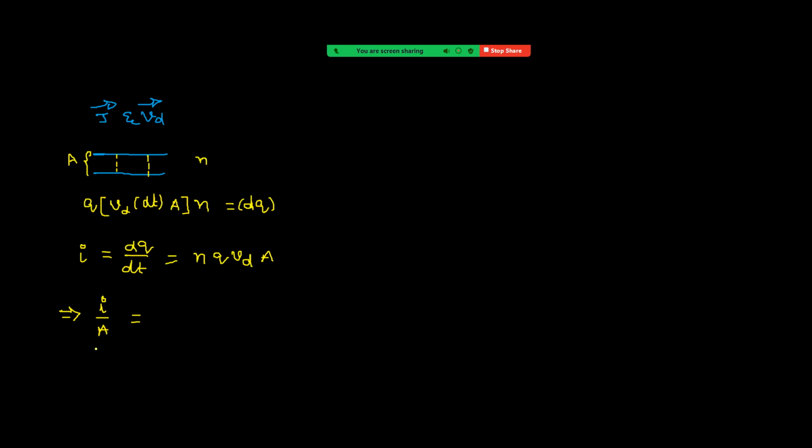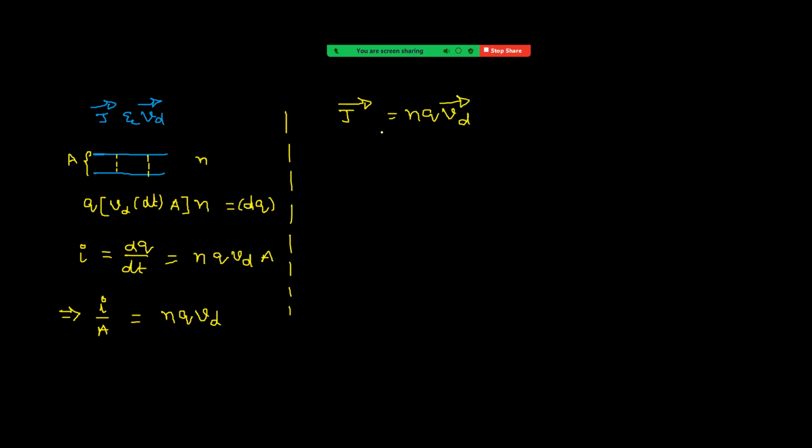Since we are taking the distribution of current as uniform and normal to the cross section, this is also equal to the current density. Okay, that is equal to n q into drift velocity. So we got now the relation for current density, that is, j bar equal to n into q into drift velocity.